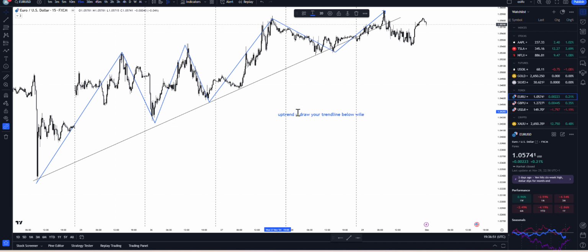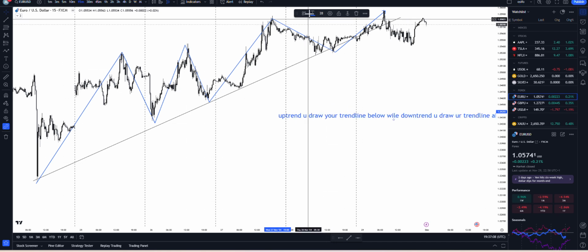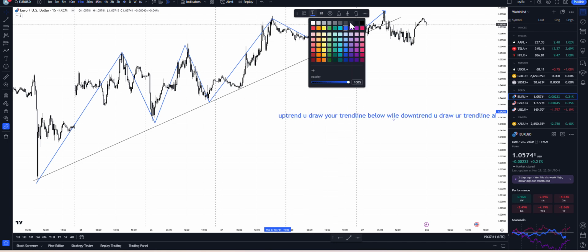While for downtrend, you draw your trend line above. Let me make this big so we can see. Make this one black.